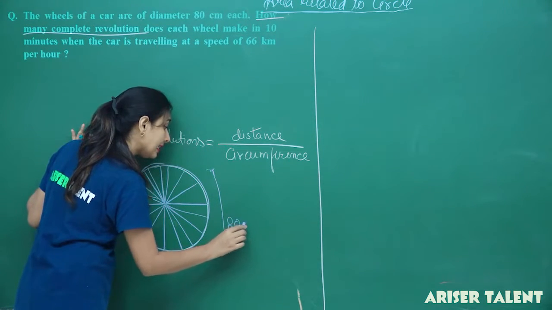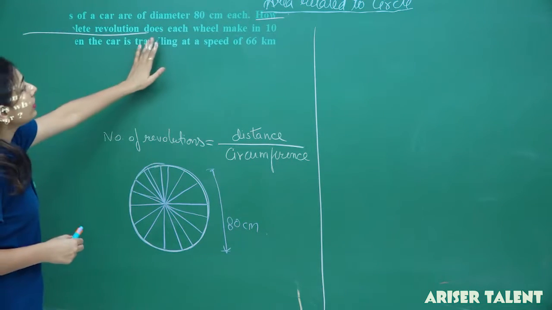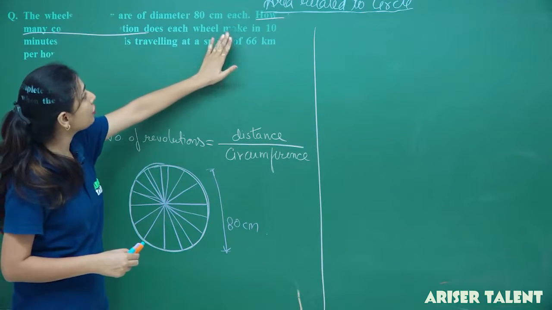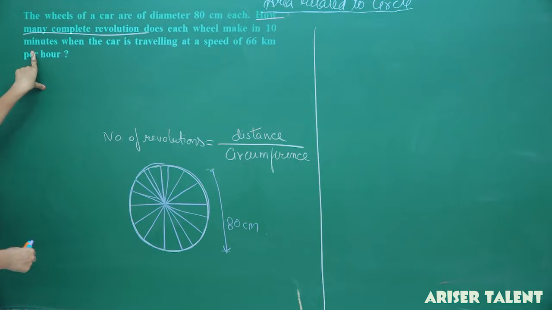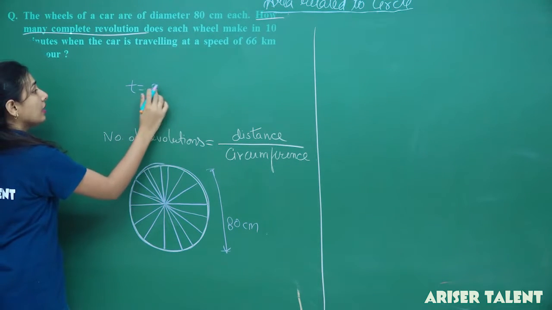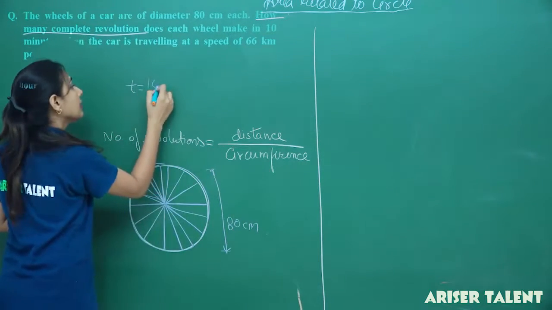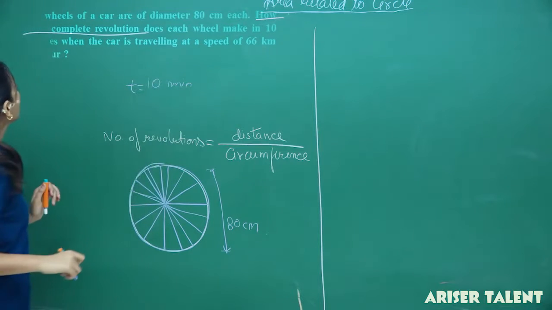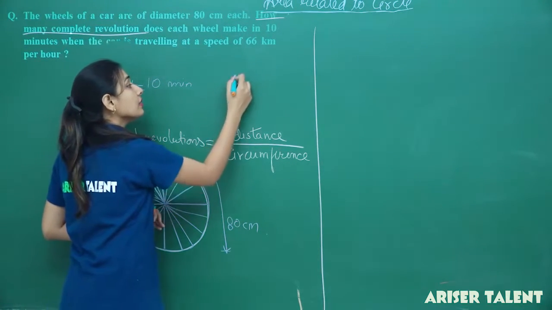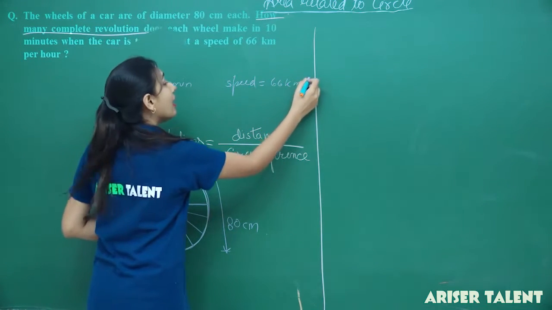It's asking how many complete revolutions each wheel makes in 10 minutes. The time given is not 80, that is 10 minutes. When the car is traveling at a speed of 66 km per hour.